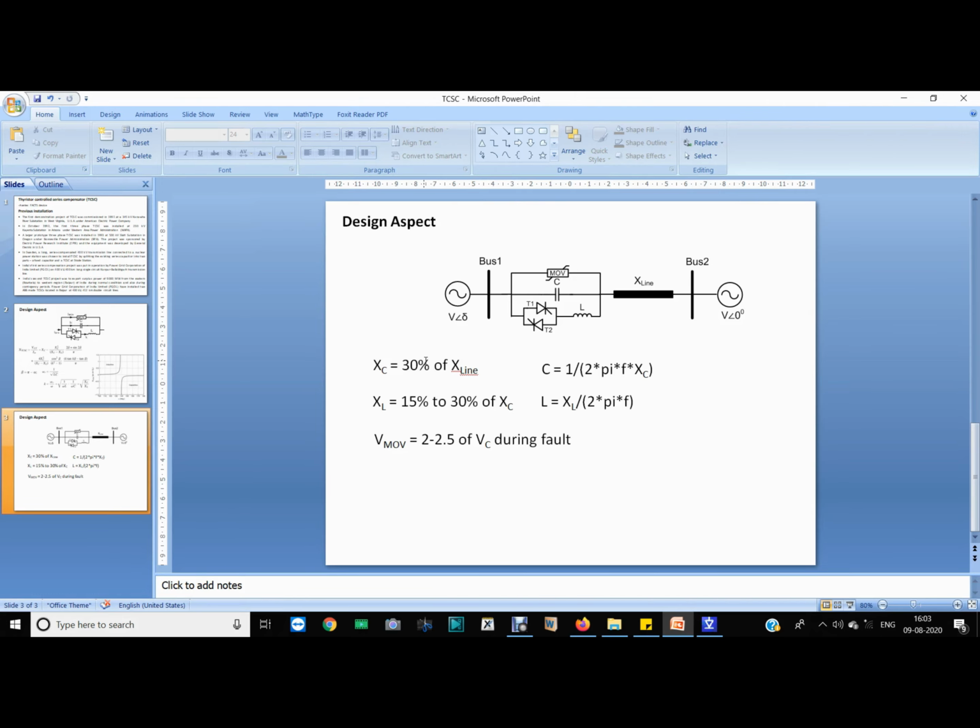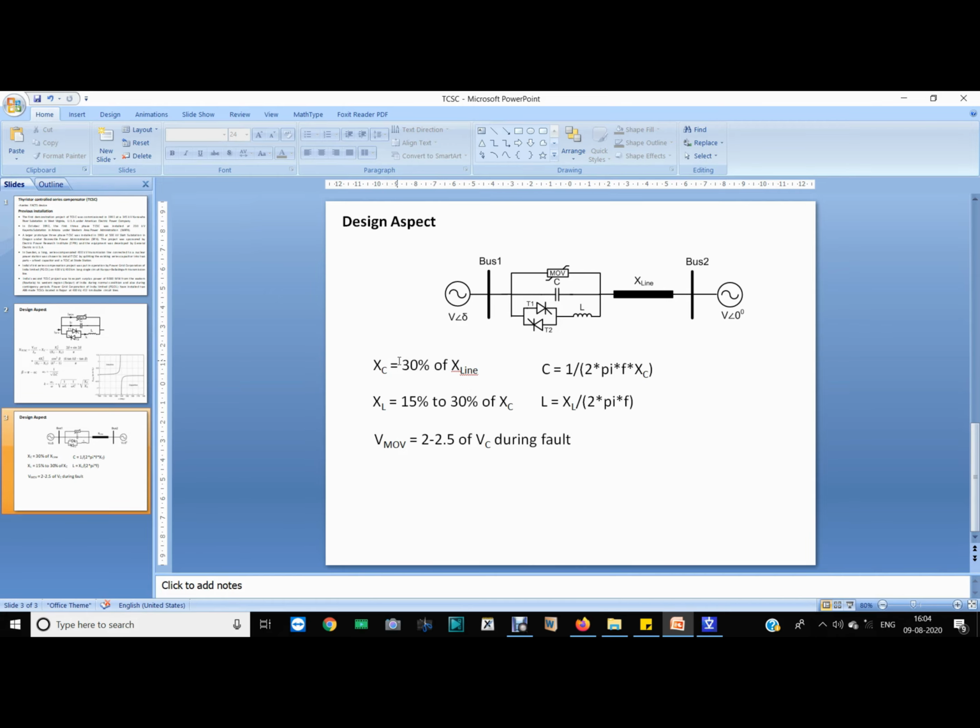So if we need to compensate say 30% of the transmission line impedance, then our XC, the capacitive impedance of this C, will be 30% of X line. X line is known to us.